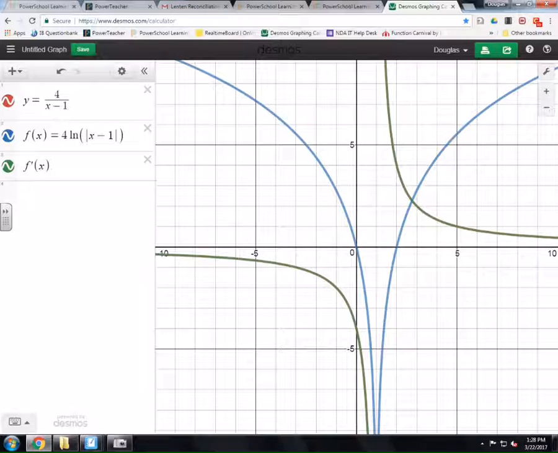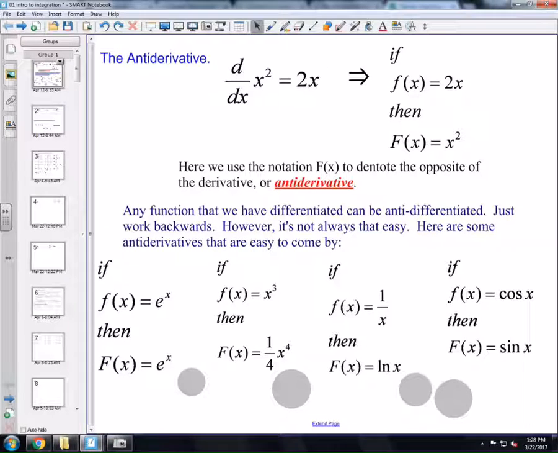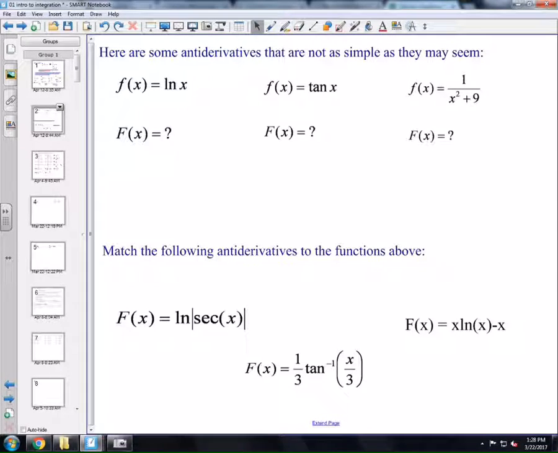Last thing before I finish up this video, I just want to mention sometimes antiderivatives really are just a matter of thinking in the opposite direction, and it's not that hard as long as you remember how to differentiate. Sometimes, however, things that look like they might be simple to anti-differentiate turn out to be kind of tricky.